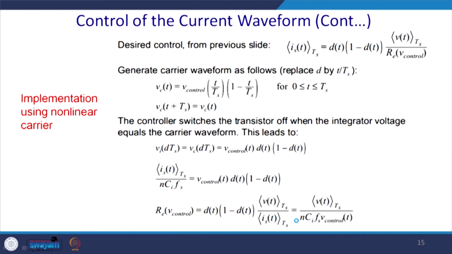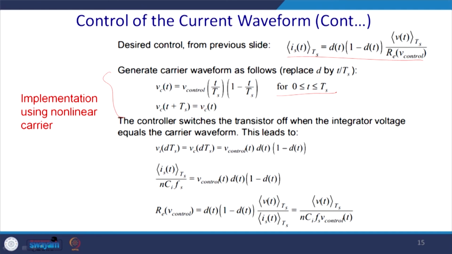and from there the whole derivation follows. I wish the students to go through the derivation. So, this is the value of Is, and thereafter to generate the carrier wave, D will be replaced by T by Ts. If you replace Vc equal to V control T by Ts 1 minus T by Ts, you get Vc T plus Ts equal to Vc for the boundary condition.